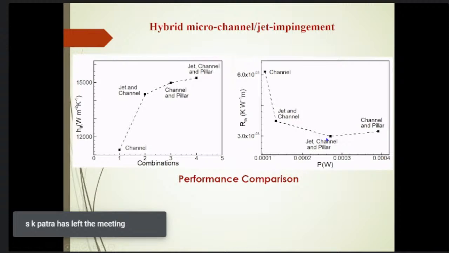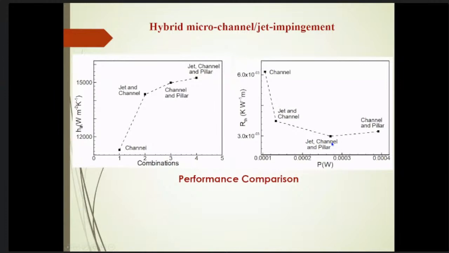That is good from the viewpoint of minimizing the temperature and the thermal resistance. But at the same time, we have to keep an eye on the pumping power it is using. That is the constraint that comes from the state of the art of the existing pumping technology.